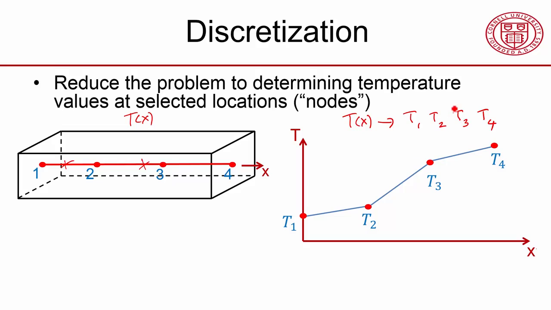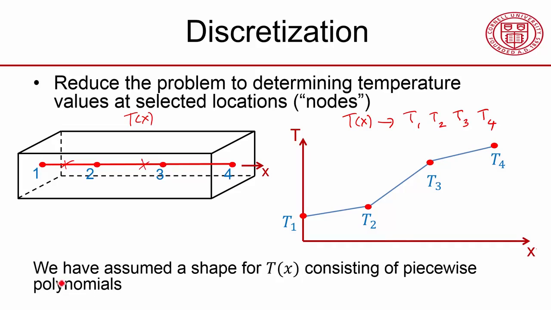And in terms of terminology, these are called nodes. That's what I have here. And these are called elements. So I've divided my domain into 3 elements, and I have 4 nodes. In the process, what we have done is we have assumed a shape for our function, and that shape consists of piecewise polynomials, piecewise linear polynomials.